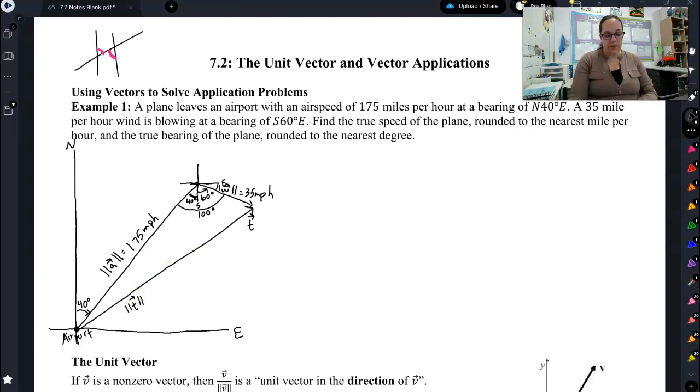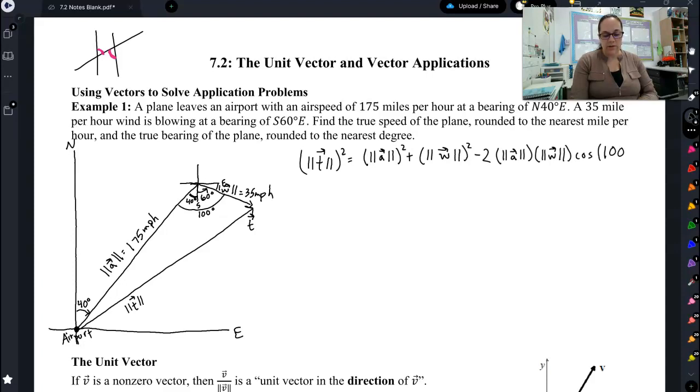So if I want to solve for this side, that's T. That side squared is going to equal the other two sides squared added together. That's law of cosines, minus 2 times those two sides again, cosine of the angle across, which is my 100-degree angle.